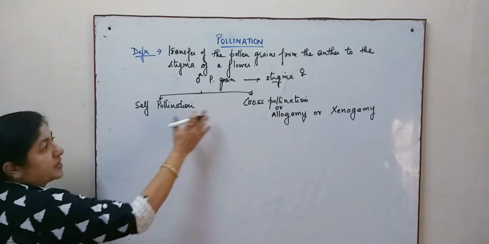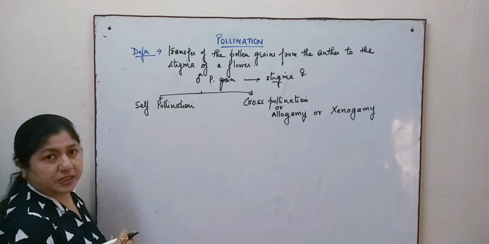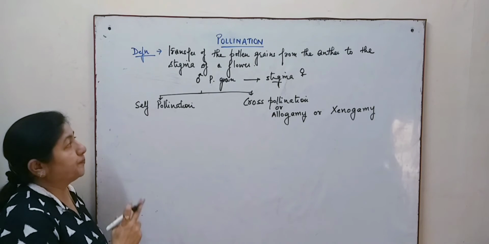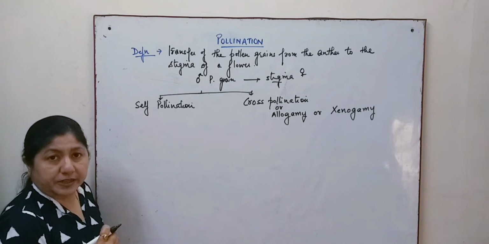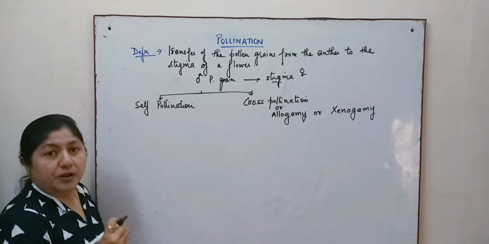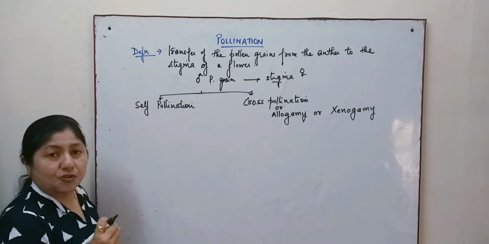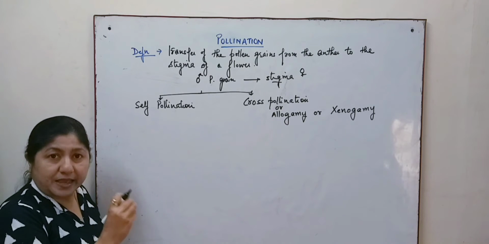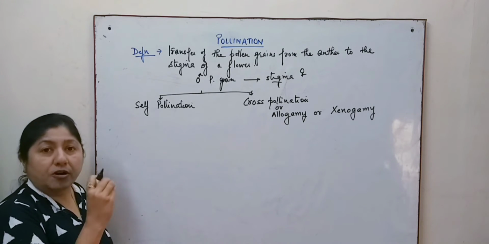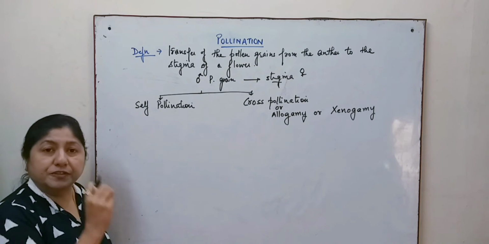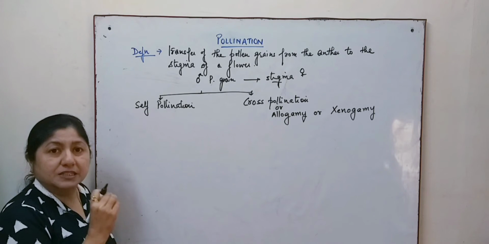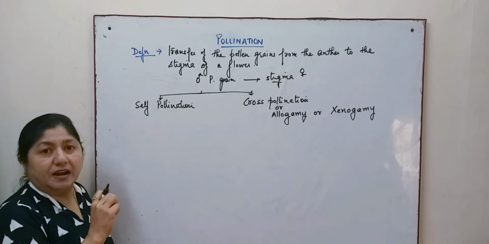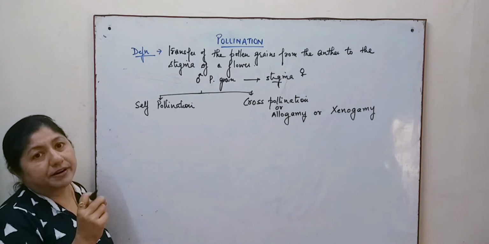Now, what is the major difference between self-pollination and cross-pollination? In self-pollination, the pollen grains land onto the stigma of either the same flower or a different flower of the same plant. So the plant will be the same, but the flower may be the same or different.